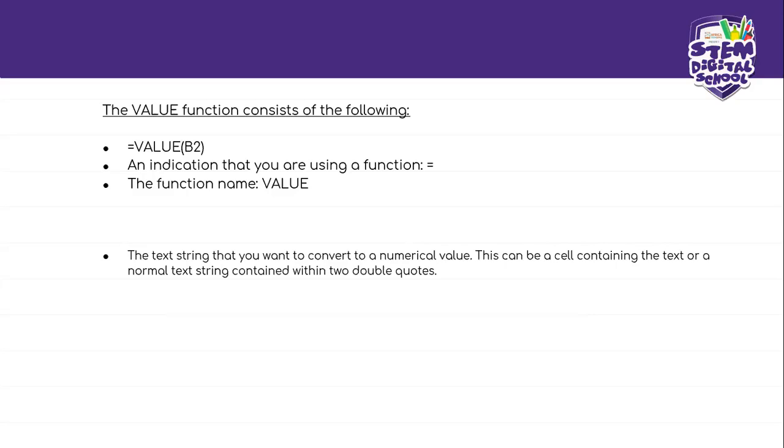This can be a cell, as you can see, the cell B2 can be the cell containing the text, or a normal text string contained within double quotes. So you can select the cell B2, or type in what is in the cell B2 by using double quotes. What is in the cell can be typed, but put it within double quotes.